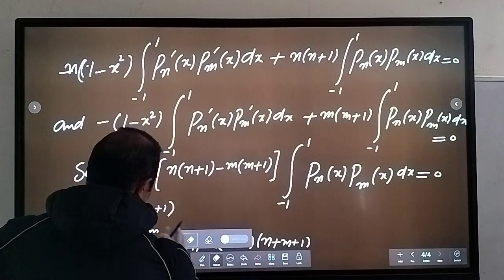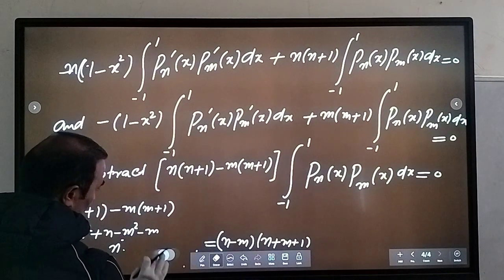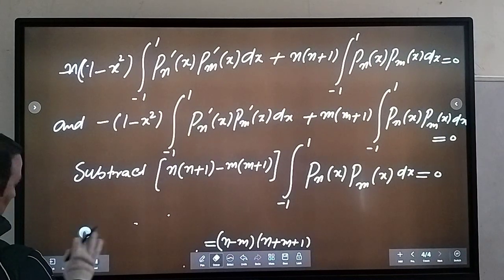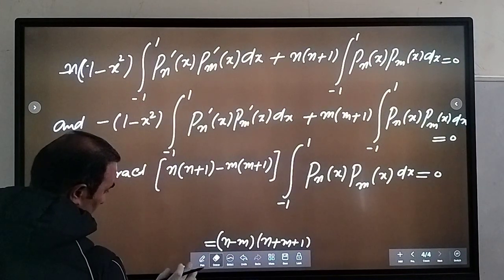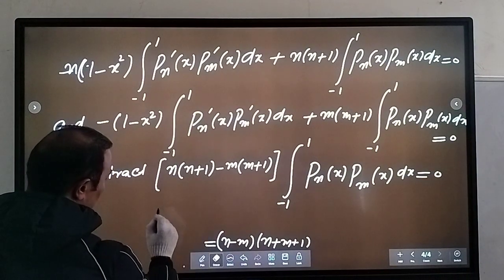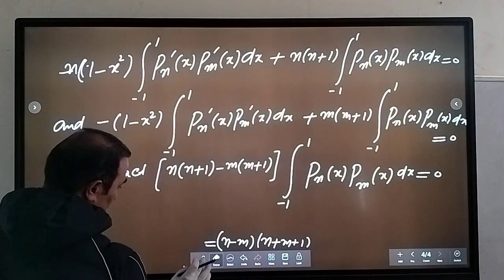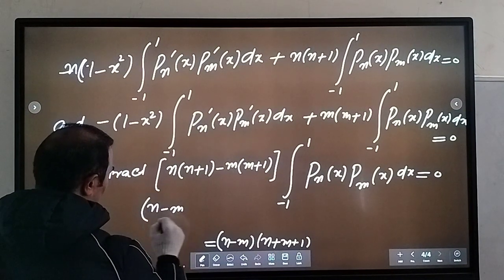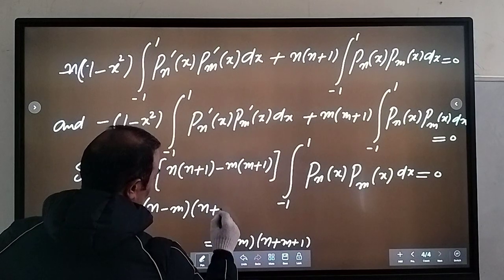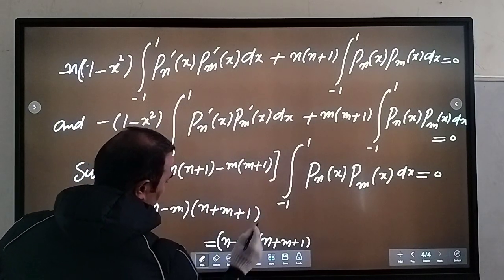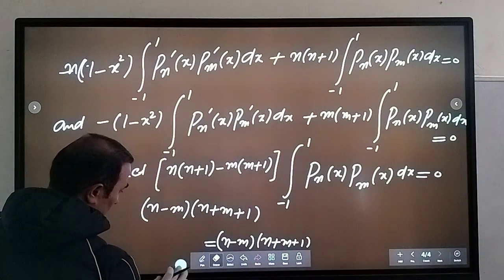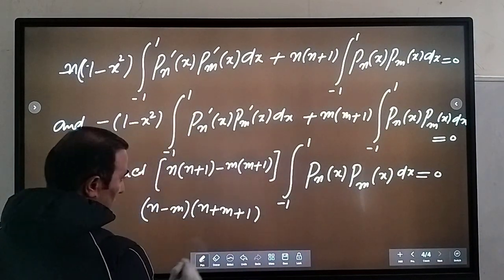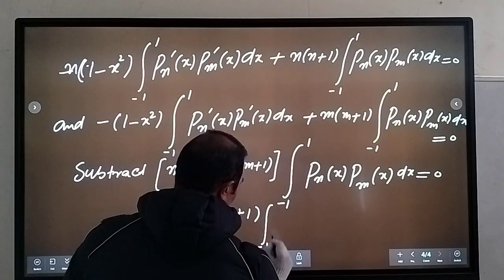So I can rewrite this as n minus m into, and inside will be minus 1 to plus 1.